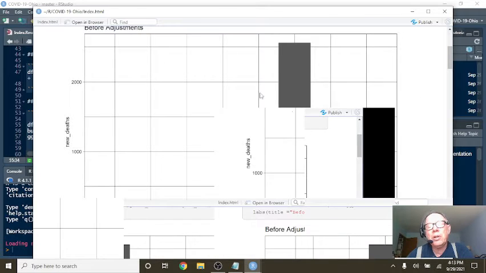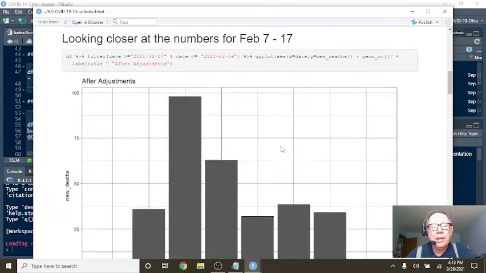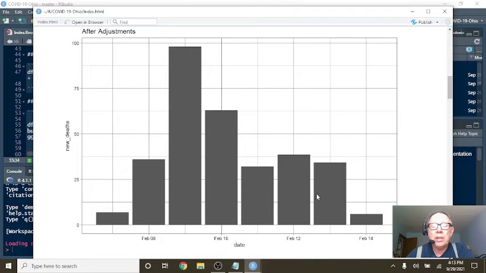Here are the raw numbers. Obviously, we didn't have over 2,000 deaths on February the 12th, so we replaced these numbers with the average deaths for these 3 days. And those numbers look more like this. Not perfect, but definitely more perfect than above.